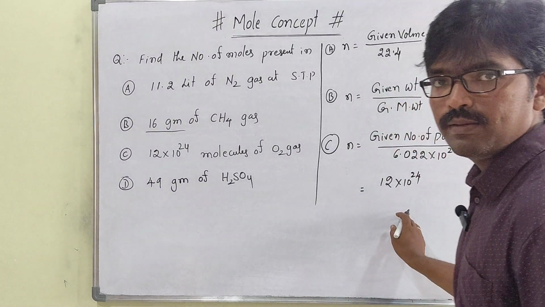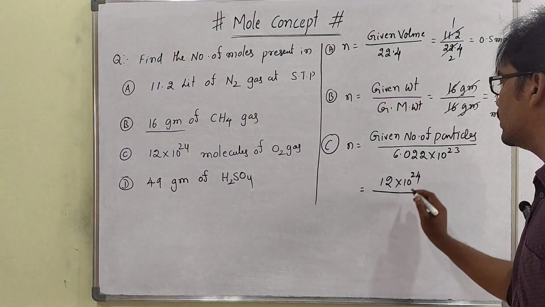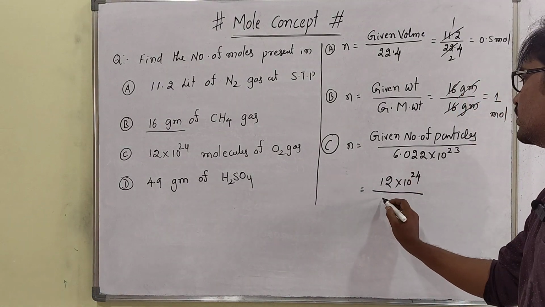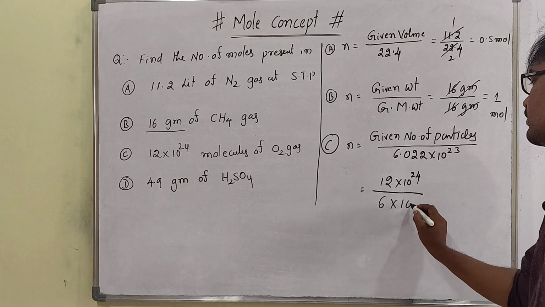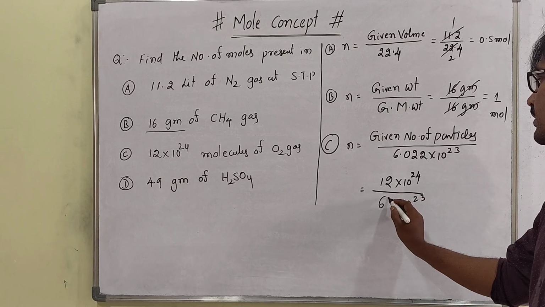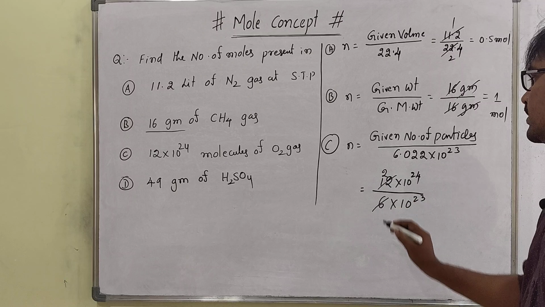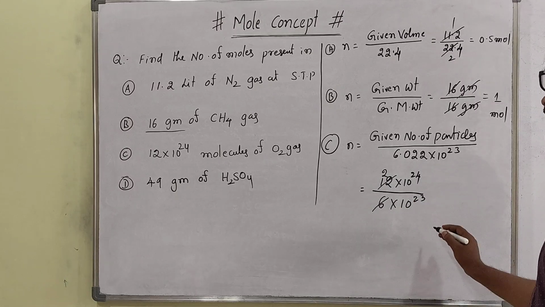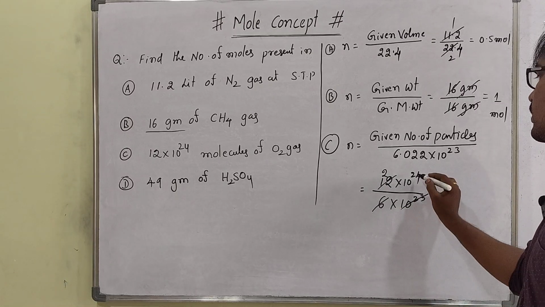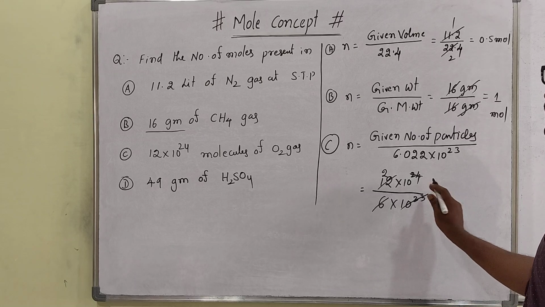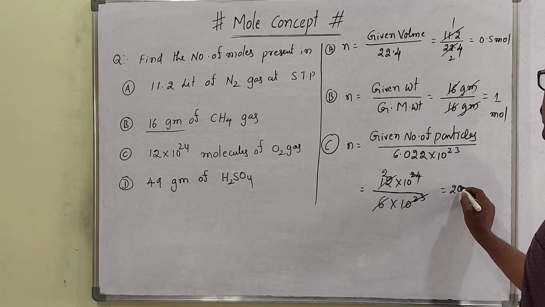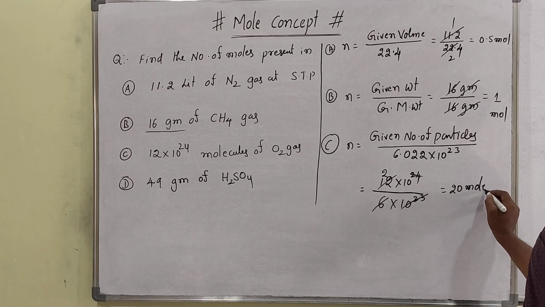Divided by Avogadro number, taking approximately 6 into 10 to the power of 23, 6 ones are 6, 6 twos are 12. Then 10 to the power of 23 cancels, so 10 into 2, 20 moles you get.